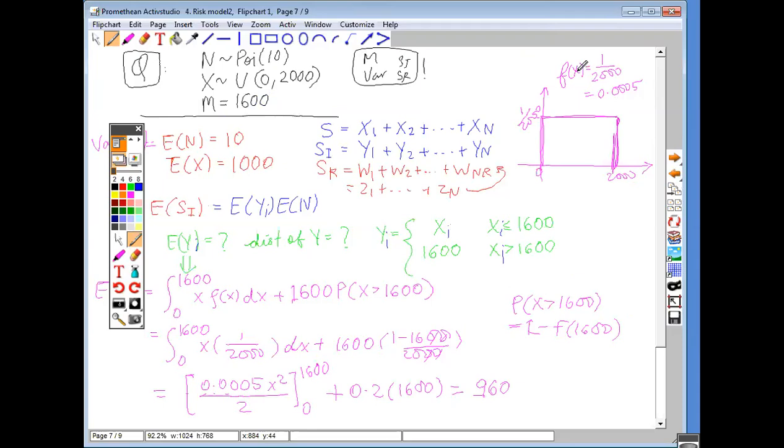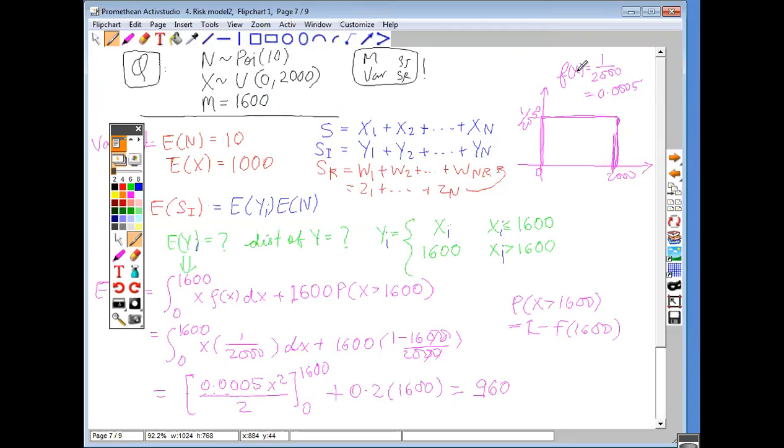If you're looking at, say, an exponential distribution, you know that your f of x is lambda times e raised to minus lambda x, so it varies with whatever value your x takes. But what's happening here?